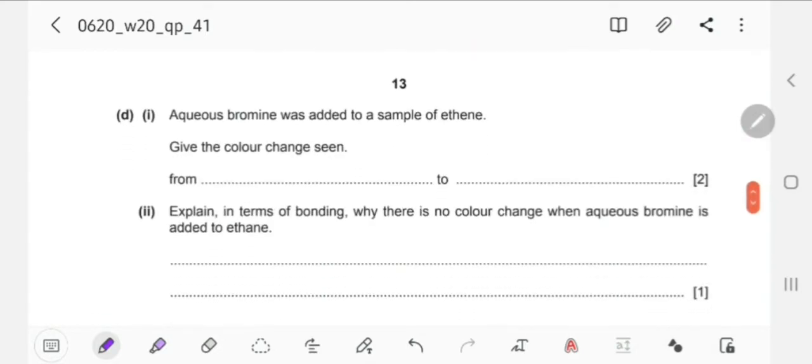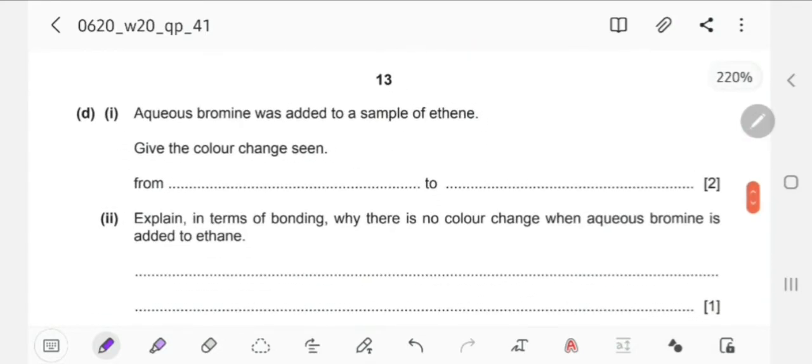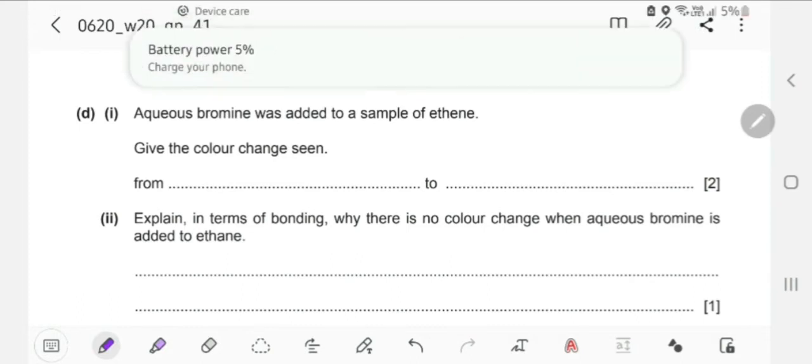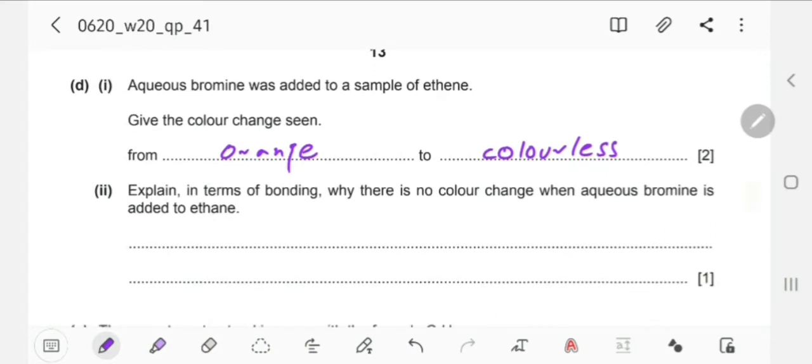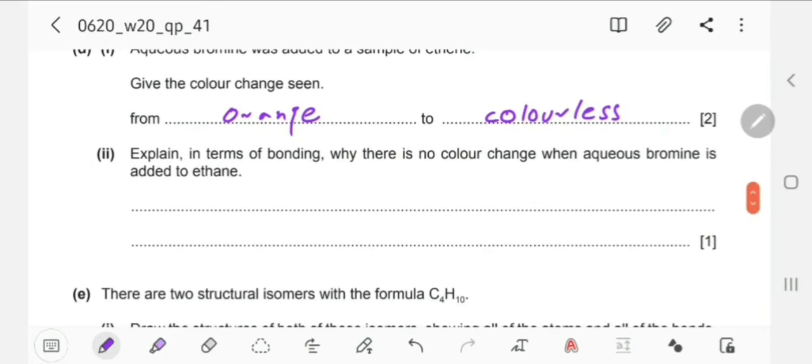Aqueous bromine was added. It's a similar test for ethene, sorry, for the alkenes. So we will add aqueous bromine and it will turn from orange to colorless if an alkene is present. Explain in terms of bonding why there is no color change when aqueous bromine is added to ethane.